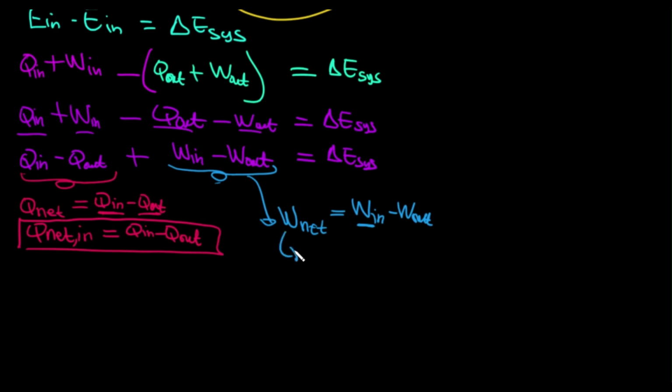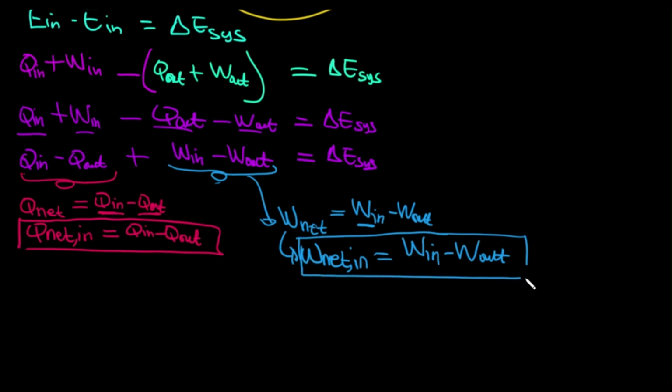So we'll define this as work net in, work being done to the system, equal to work in minus work out, which will give us a positive answer for this case. And this is not what we want.